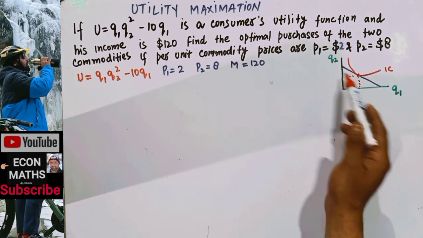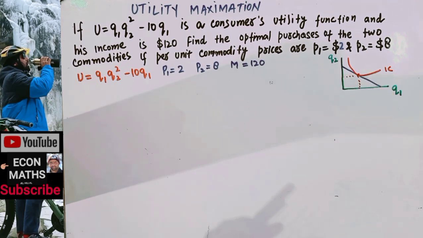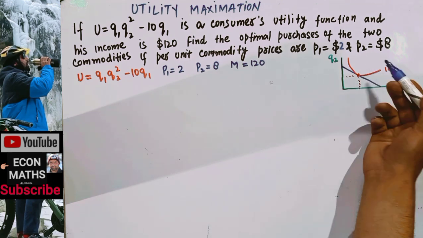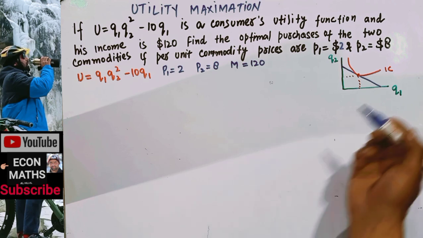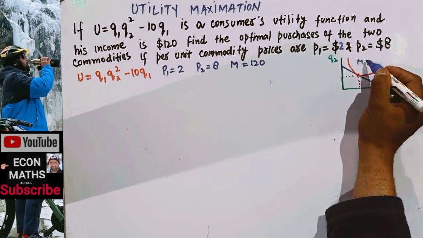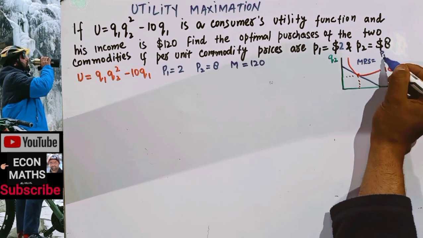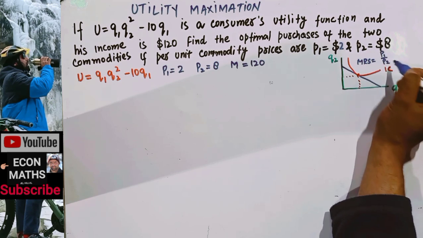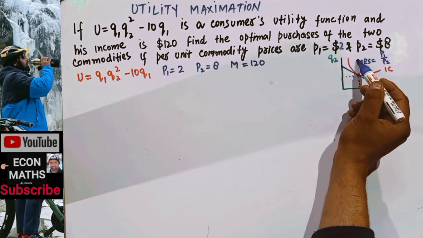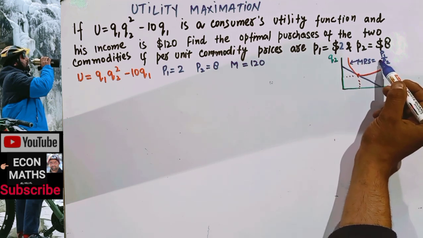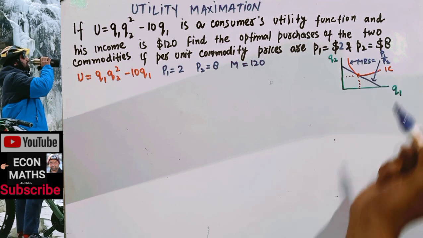So when the budget line and indifference curve are tangent to each other, the condition for this tangency is that our marginal rate of substitution between two goods should be equal to the ratio of the prices, that means P1 upon P2. MRS denotes the slope of the indifference curve, and P1 upon P2 denotes the slope of the budget line.